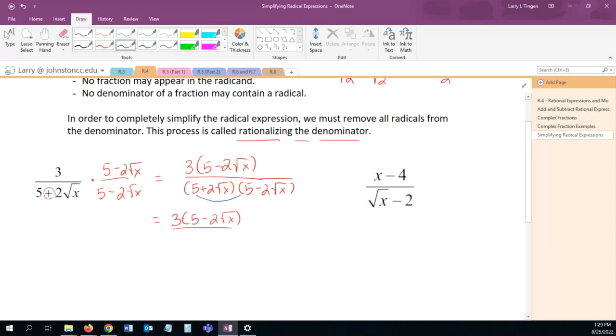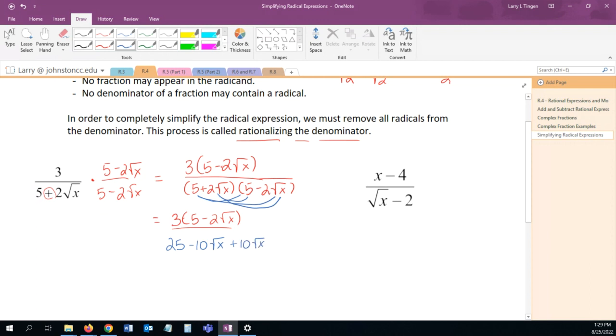First, outer, inner, last. And they are 5 times 5 is 25. Outer, 5 times negative 2 root x is negative 10 root x. 2 root x times 5 is positive 10 root x.